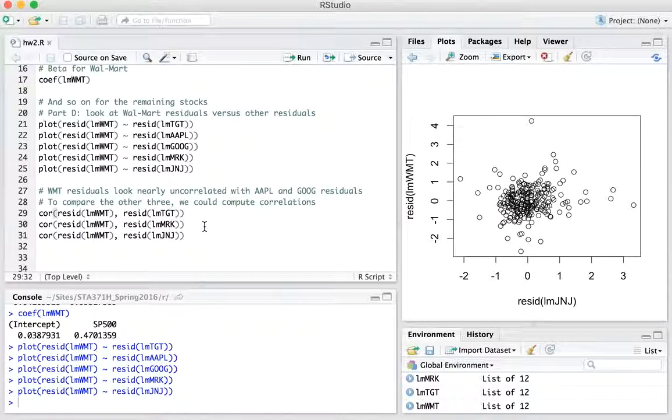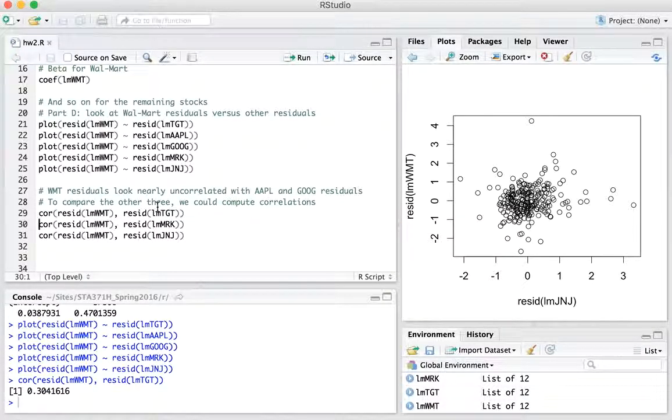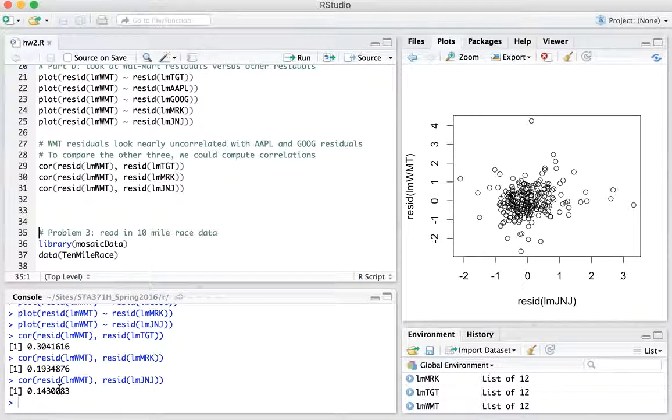And there's a lot of ways that you could quantify the strength of that association between the Walmart residuals and the residuals from one of the other models. Simplest way probably is just correlation. So if we compute the correlation between the Walmart and Target residuals, we get about 30% right here. Between Walmart and Merck, we get about 19%. And between Walmart and Johnson & Johnson, we get a still lower number, about 14%.